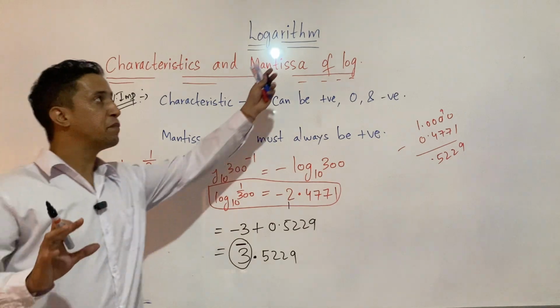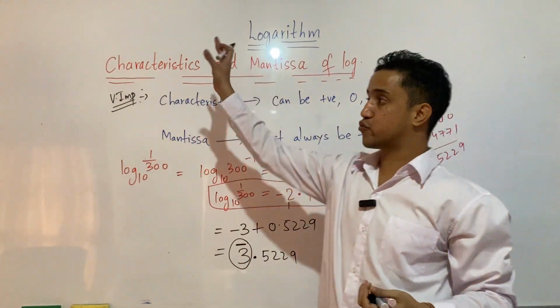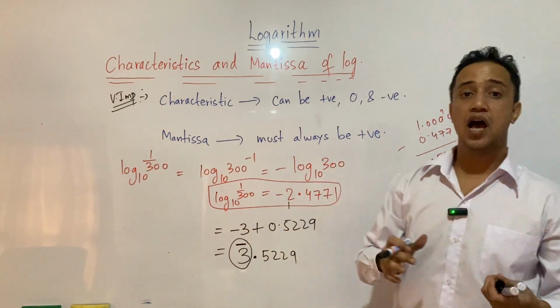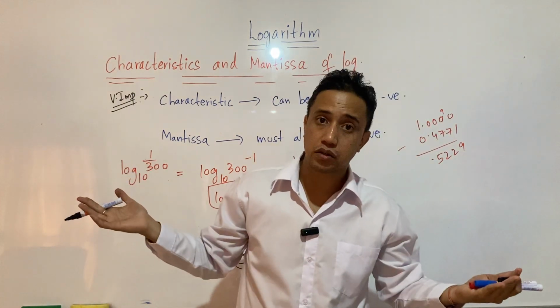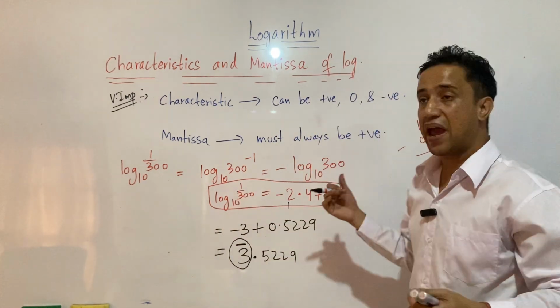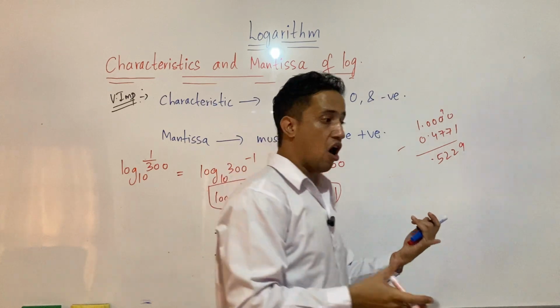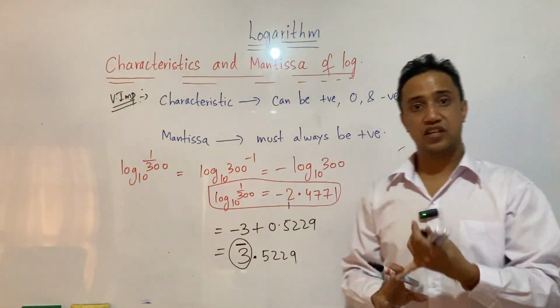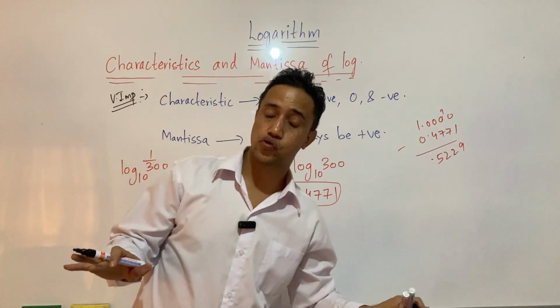Now see here, this thing, characteristic and mantissa, they exist for all logs. It doesn't matter what base you are using, whether base e, base 10, base 5, or base 2. It has nothing to do with the base.